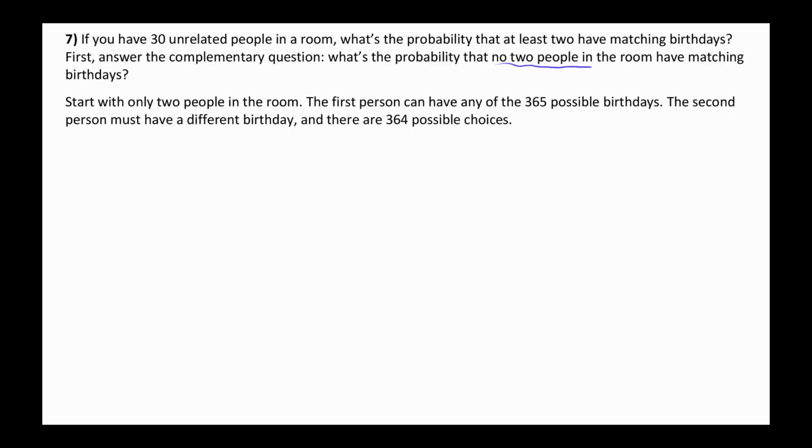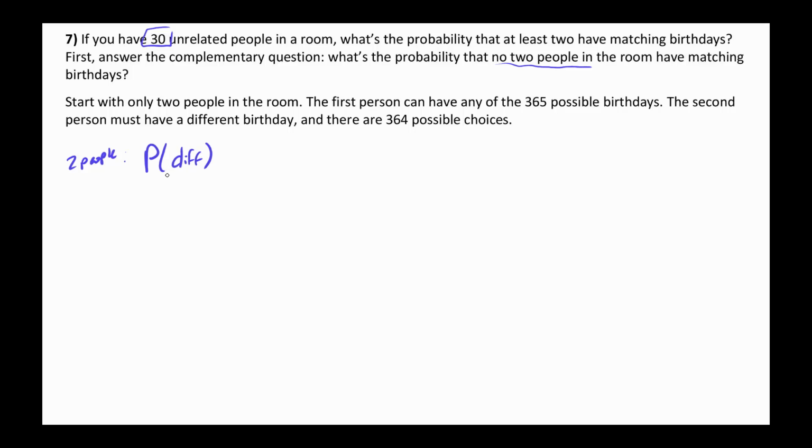So let's start off with a simple idea of just 2 people in a room and then gradually work our way up towards the 30 people that the question is asking us for. So 2 people. If I am in a room with 2 people, I want to know what the probability is that they will have different birthdays.